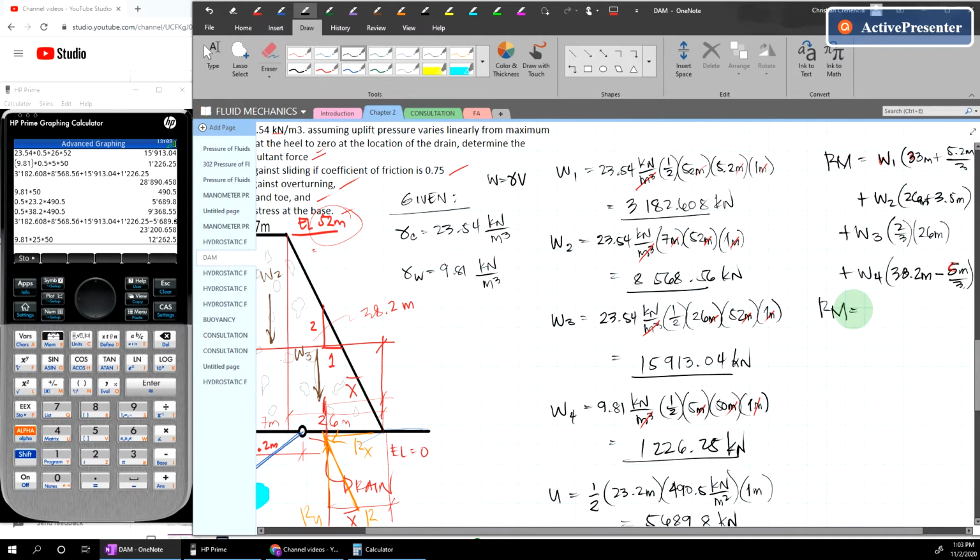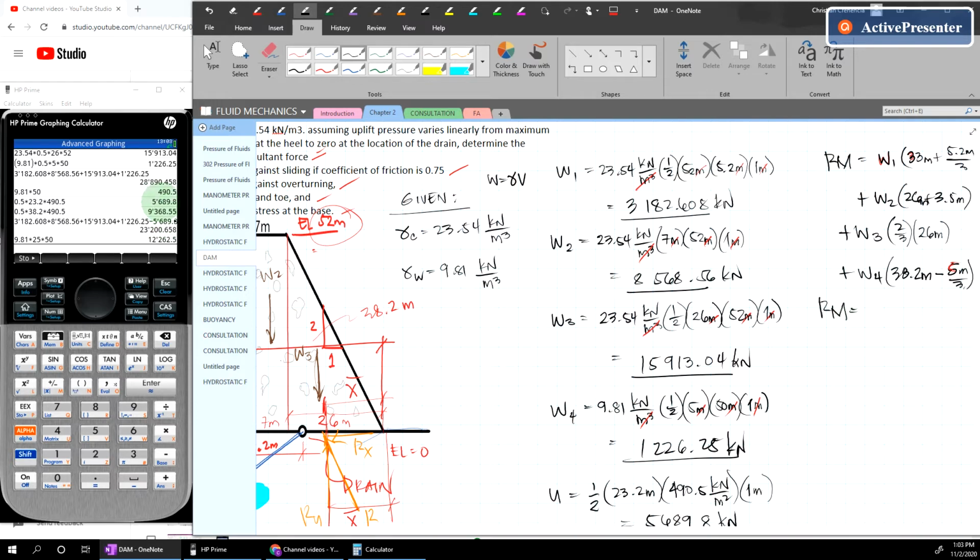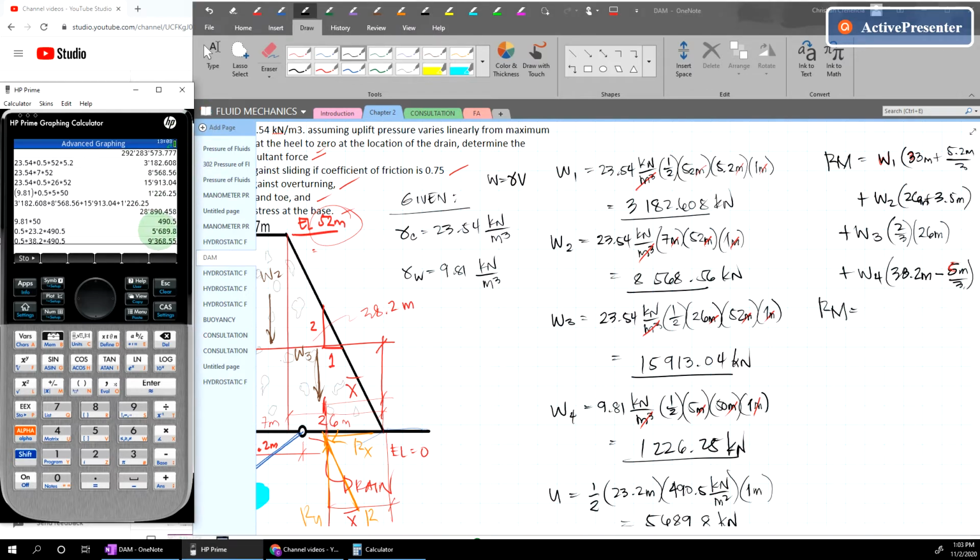So, weight 1 is yung 3.182 times ang moment arm is 33 plus 5.2 over 3.